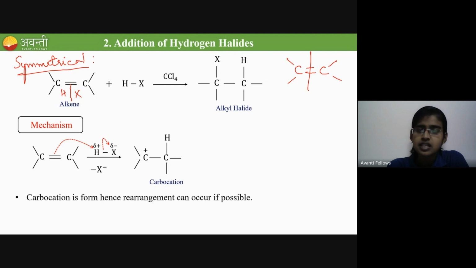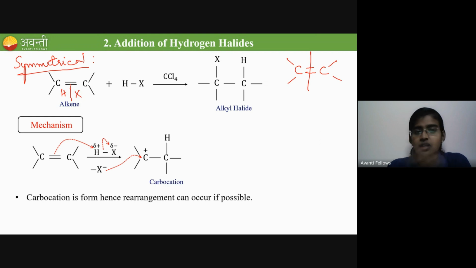It occurs when I'm getting a primary carbocation, and on rearrangement I get a secondary carbocation, which is more stable than primary, right? In that case, the rearrangement occurs. Since this alkene is symmetrical, no such rearrangement is possible, because even if you rearrange, you are going to get the same primary carbocation. So no rearrangement is occurring here.